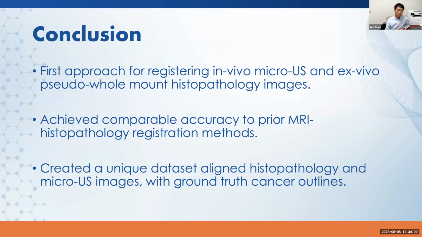And as a proof of concept study, we demonstrate the feasibility of doing such a registration. And finally, we will make our dataset publicly available. We create a unique dataset with aligned histopathology and micro-ultrasound images with the ground truth cancer outlines. This dataset can be used to train machine learning models for automated cancer detection on micro-ultrasound images.